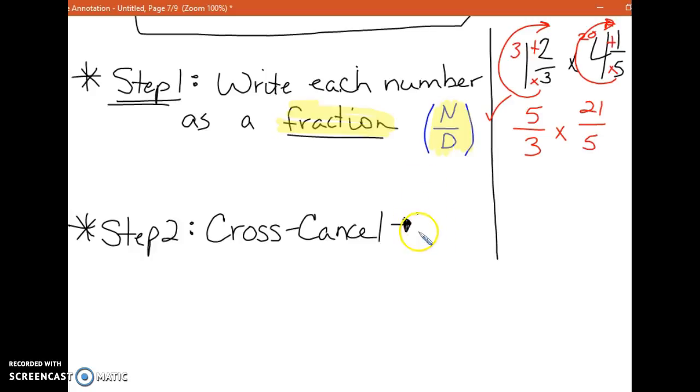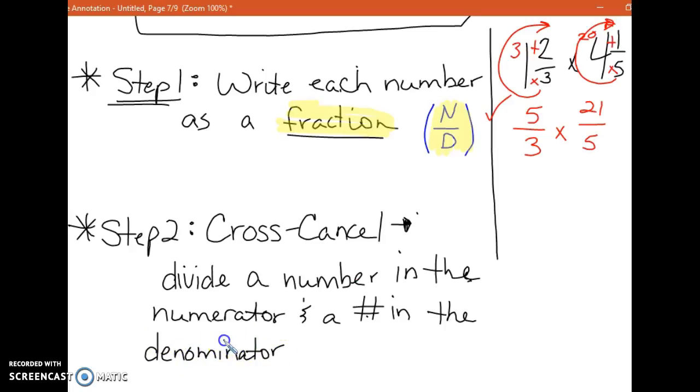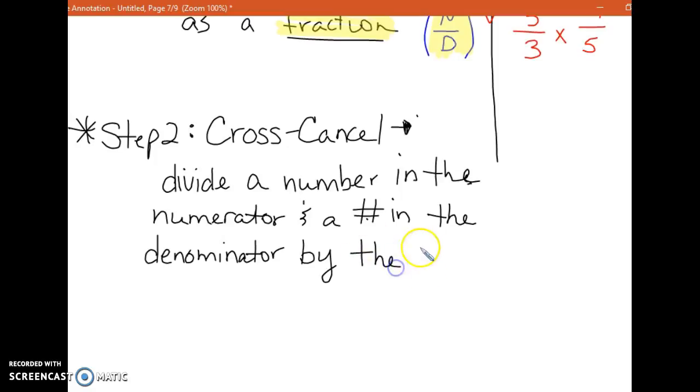Cross canceling is when we divide a number in the numerator, so a number on top, and a number in the denominator, by their GCF. So greatest common factor comes in play here.